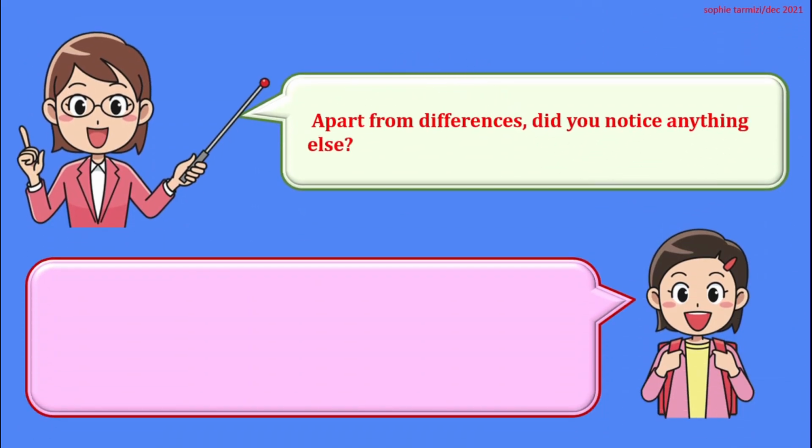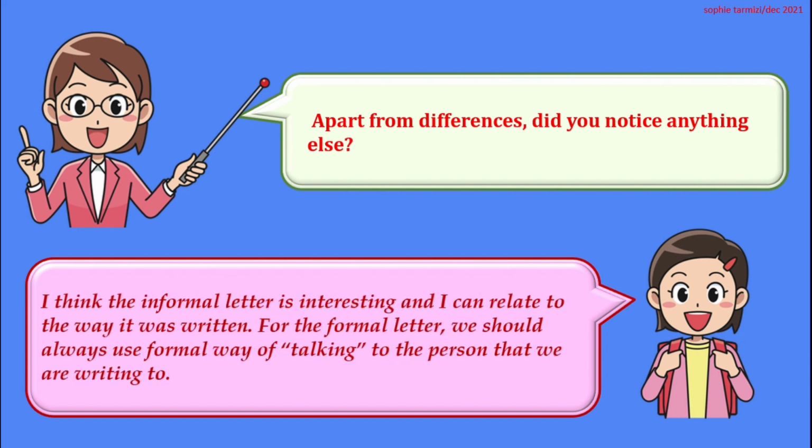Apart from differences, did you notice anything else? I think the informal letter is interesting and I can relate to the way it was written. For the formal letter, we should always use formal way of talking to the person that we are writing to.